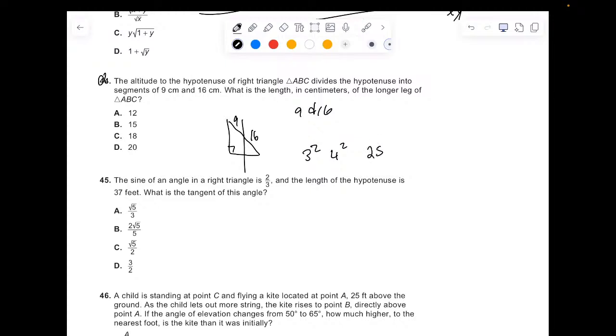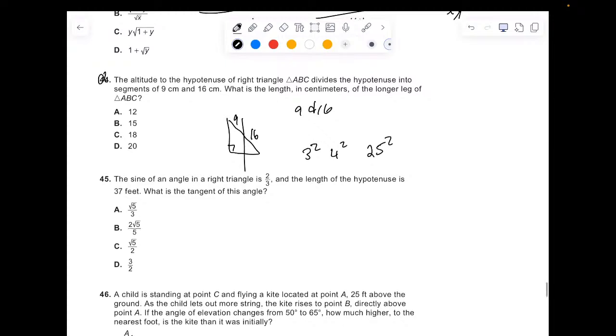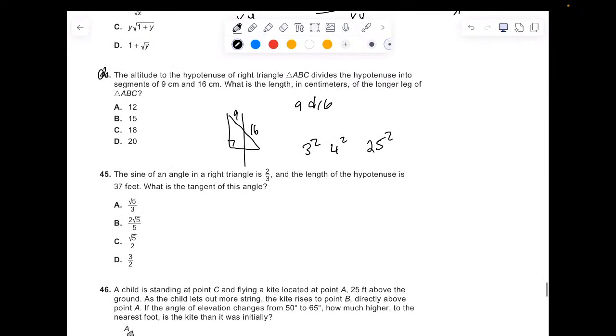Oh, the hypotenuse is 25 squared. Okay, I see. Okay, and then I think it's gonna be, let's just go 18. That seems like a fine number.